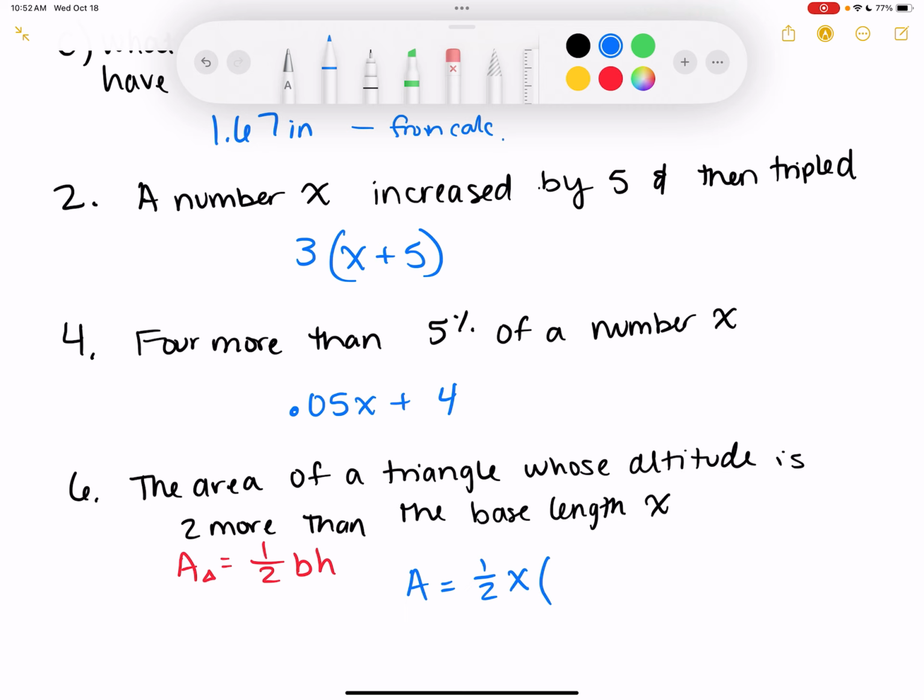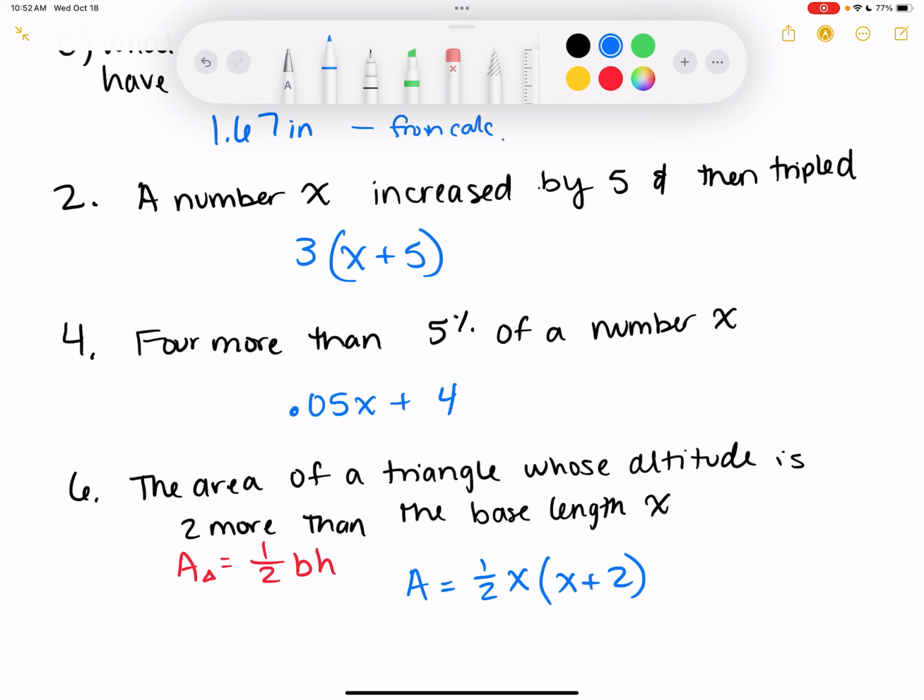So what was that going to imply? 2 more than. X plus 2. Yep, x plus 2. And you can leave it that way or you can multiply it through. It doesn't really matter, but I would probably just leave it. The book just leaves it, so.